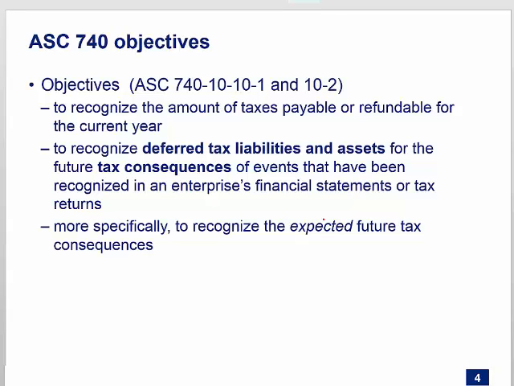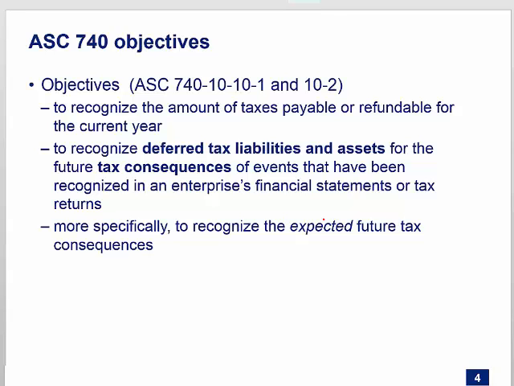Okay, so a little bit of background about ASC 740. ASC 740 is the FASB guidance that addresses the requirements to recognize both an expense in the financial statements, the income statement, as well as the relevant balance sheet accounts related to taxes.